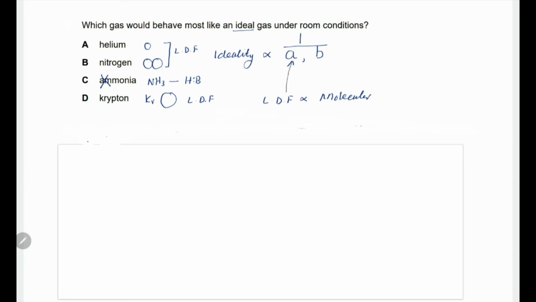When the forces are stronger, the gas is less ideal. So krypton has the largest size. Then nitrogen is composed of two atoms, so its molecule size is larger. And helium has the smallest size, and so the least London dispersion forces. So helium will act most like an ideal gas at room conditions. Choice A is the correct choice.